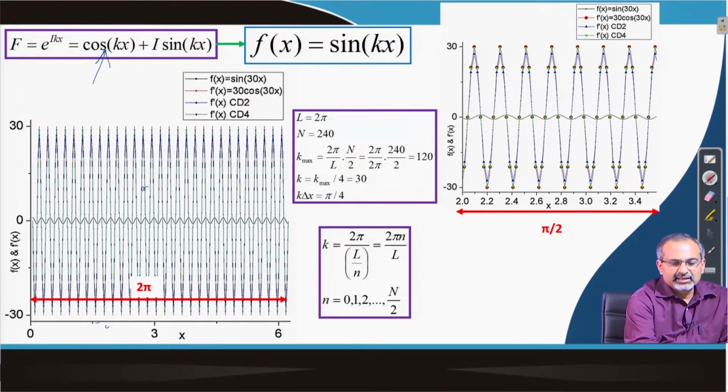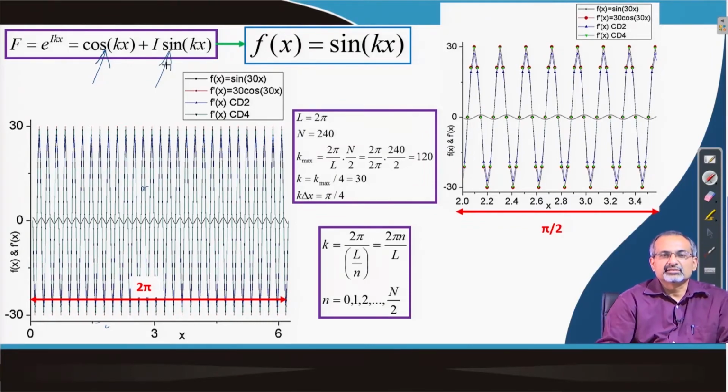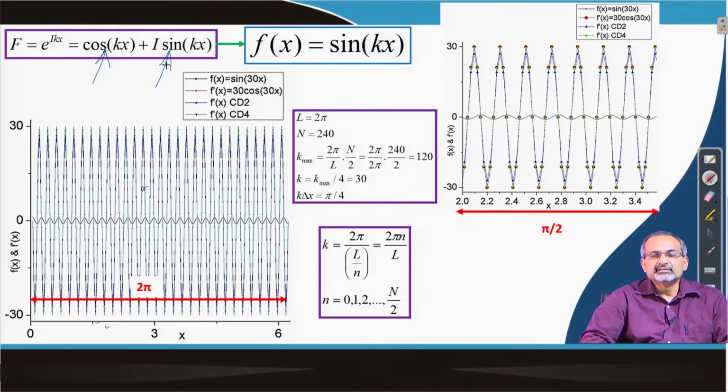So, this was the real and this was the imaginary parts, and we said that this is a convenient way of accounting for both the sine and the cosine terms. And then we had discussed how accurate the different finite difference schemes are in handling sine or cosine kind of terms, and that was the basis of the modified wave number approach.